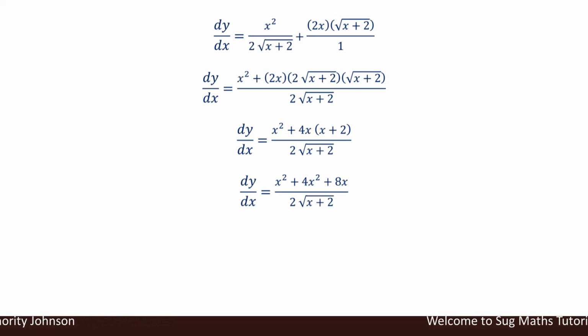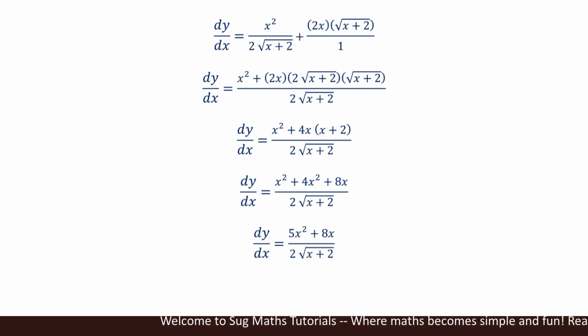And then 4x times 2 is going to give us 8x. So therefore, we are going to have in the numerator x squared plus 4x squared plus 8x all over 2 of square root of x plus 2. So here we have x squared plus 4x squared is going to give us 5x squared. Then we have plus 8x all over 2 square root of x plus 2.